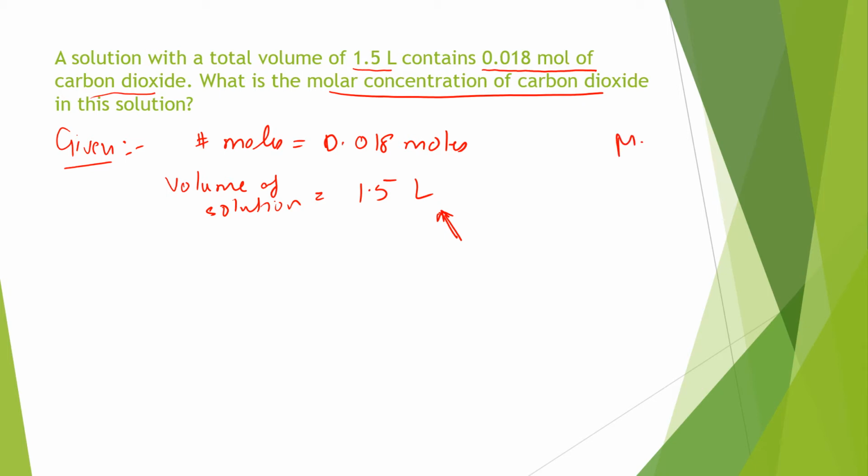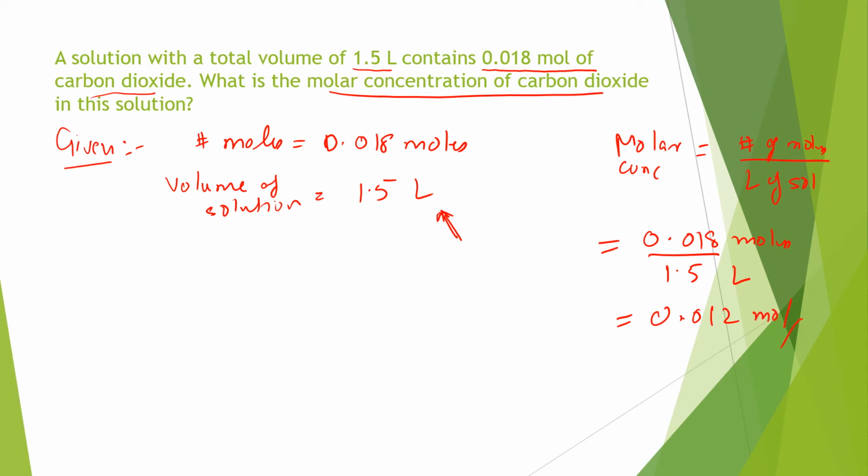And remember, molar concentration is equal to the number of moles divided by the liters of solution. In our case, the number of moles is 0.018 moles, and the liters are 1.5 liters. If we calculate this, the answer comes out to be 0.012 moles per liter.